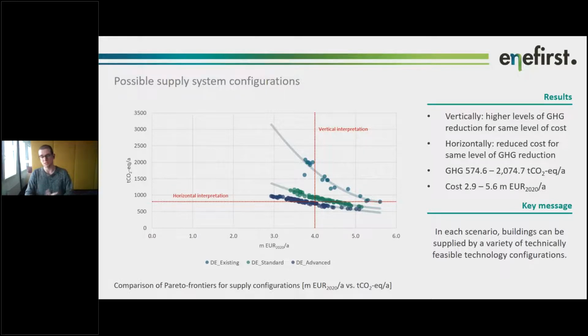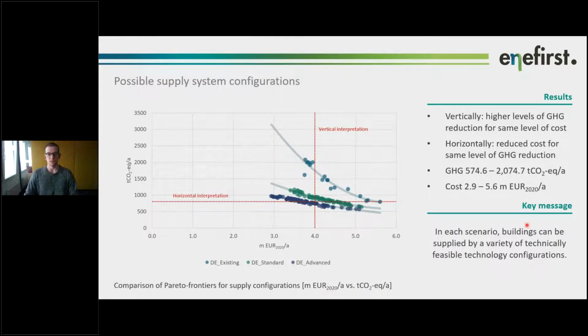But we assume that it's carbon neutral by 2050, but that's why overall there's literally no energy carrier besides biomass, for example, which is limited, that would enable a true level of 0 greenhouse gases.